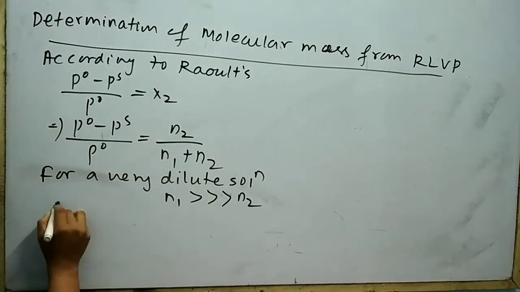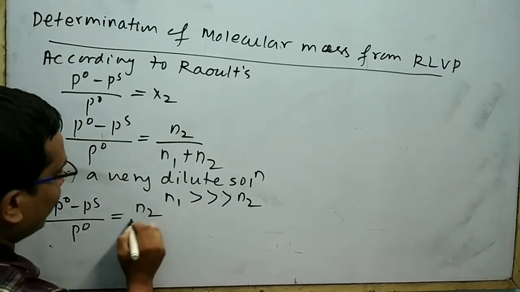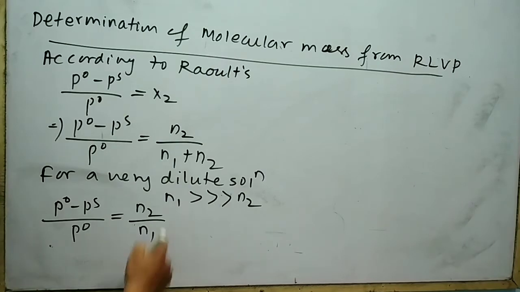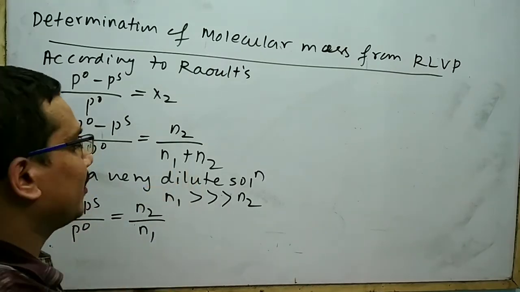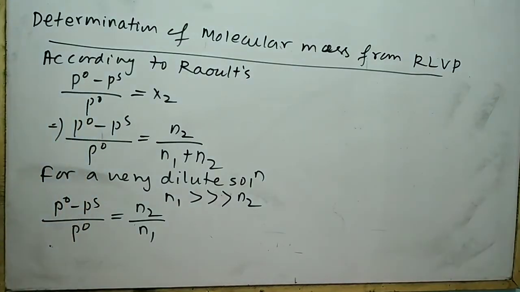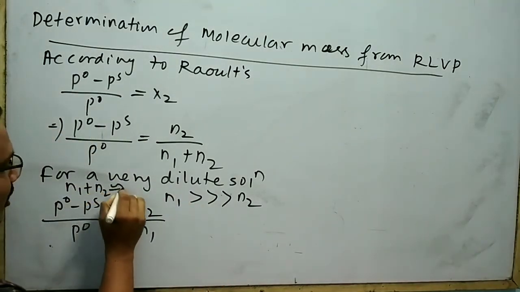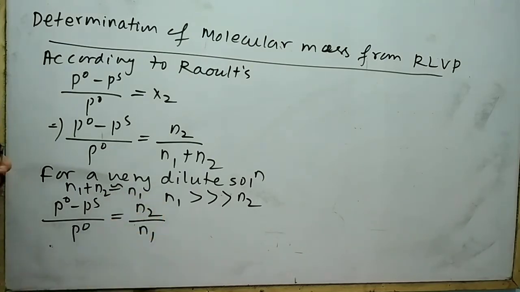That means (P0 minus Ps) divided by P0 equals n2 by n1. Here n2 is neglected because it is a very small value as compared to n1, so n1 plus n2 is nearly equal to n1.